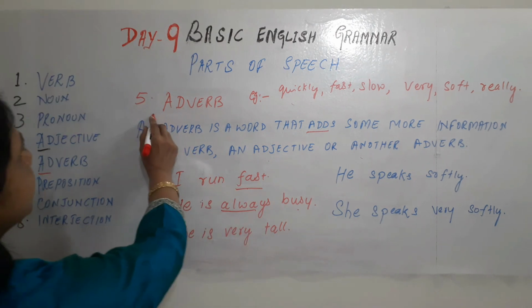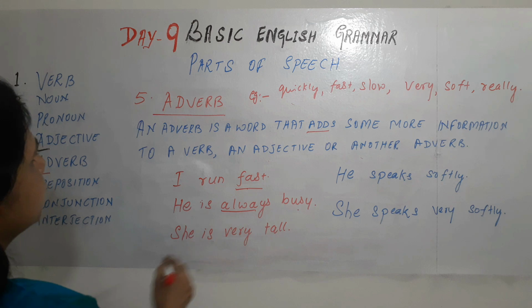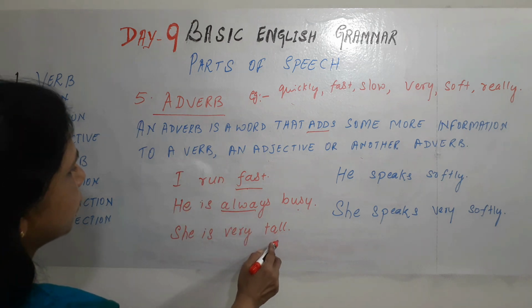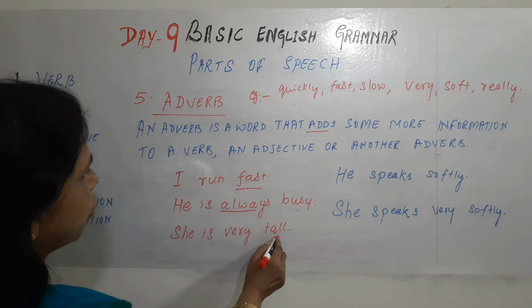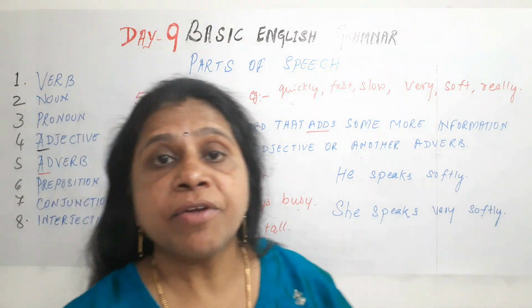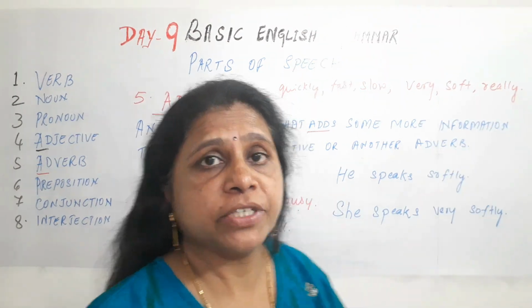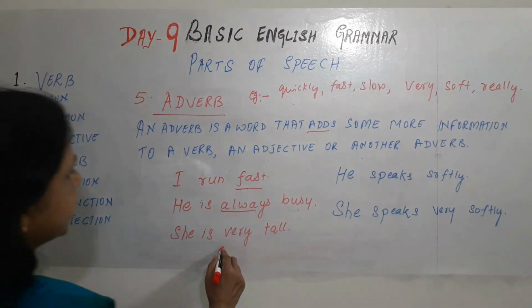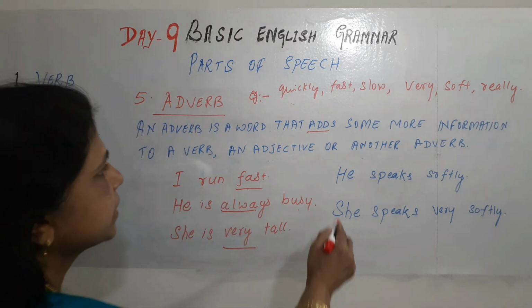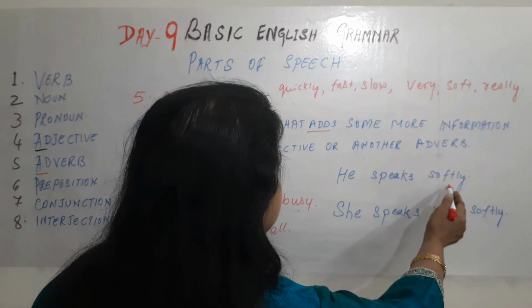That is giving more information to the verb. That is an adverb. She is very tall. Now, "she is tall" is a sentence. So if it is giving extra information, that is very, very tall. That is an adverb.